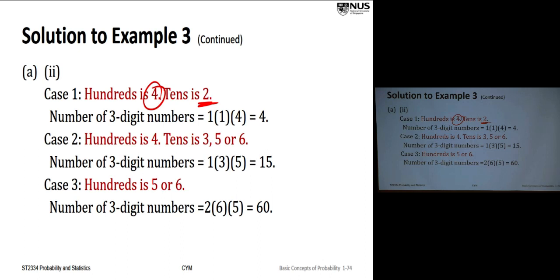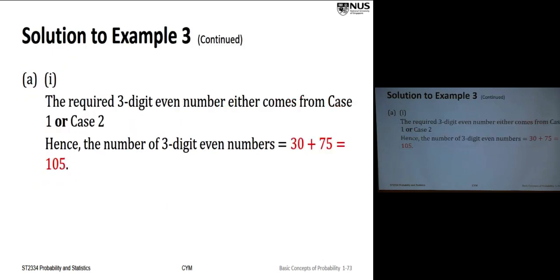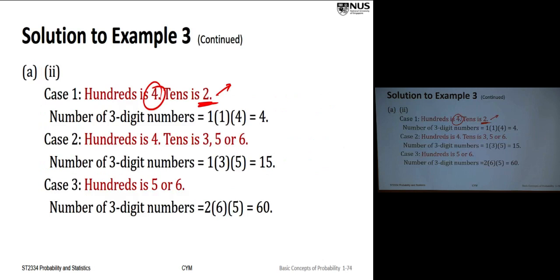Why do I have to consider that? Because if I fill up a 2, then the remaining digits are 1, 3, 4, 5, 6, or 0. There are 4 choices left.